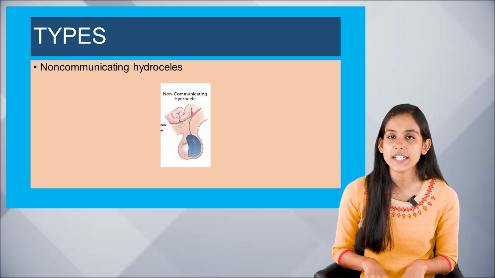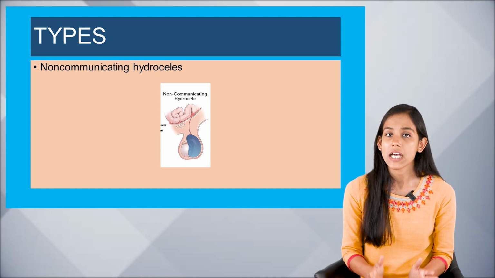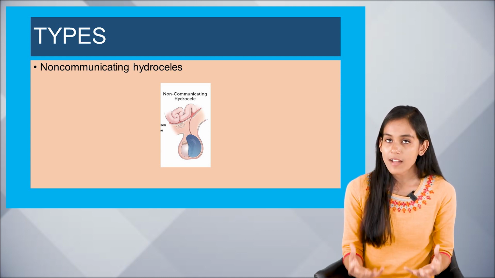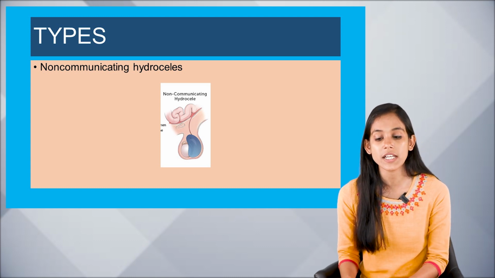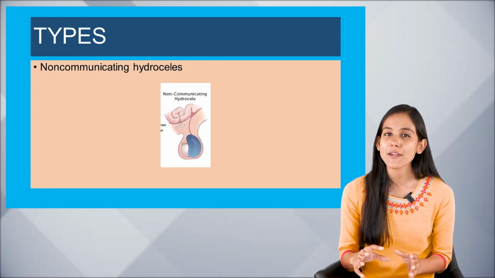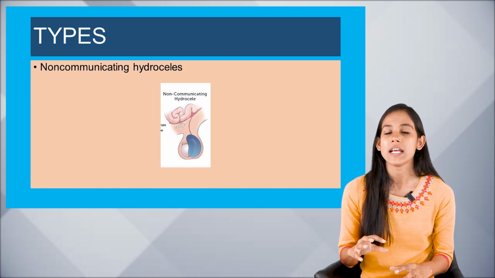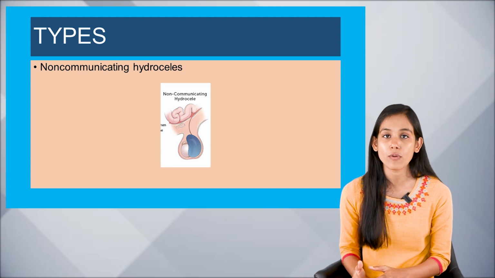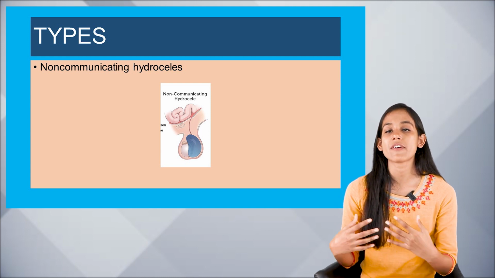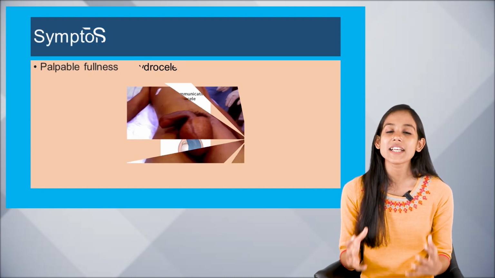Here there won't be any persistent communication with the abdominal cavity, and this occurs as a result of increased fluid production or as a consequence of impaired absorption. So that means it is a kind of secondary hydrocele, because here the balance between production and outflow is hampered. For example, in older children, especially after a viral illness, sometimes they are affected with scrotal hydrocele.